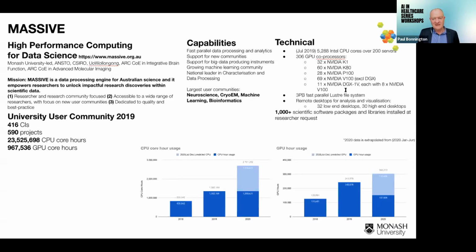GPUs turned out to be, and this is predating the work we've been doing in deep learning, actually what was needed to deal with the data deluge for that middle layer of the microscope. Consequently, it's got a rich GPU-focused capability, and that serviced at the time communities such as neuroscience, cryo-electron microscopy, and bioinformatics. Now it's been turning its attention to supporting machine learning and AI.